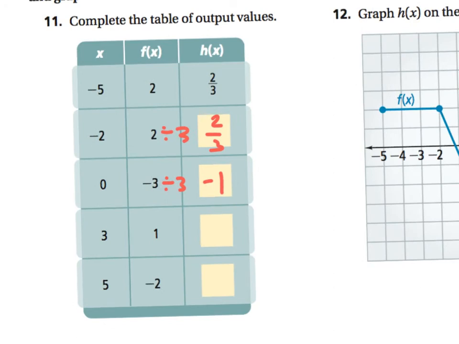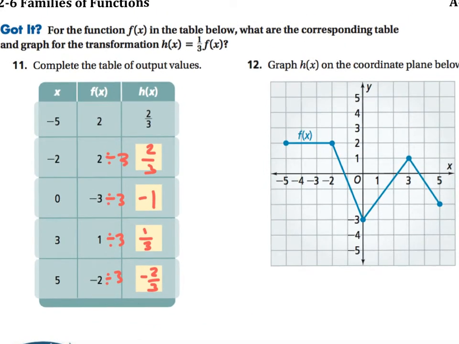Now if I divide this by 3, I get 1/3, and divide this by 3 to get negative 2/3. So now when I graph these, I'm effectively temporarily ignoring this column because that one's already graphed. What I'm going to graph is a negative 5 and a 2/3. So let's see what happens there.